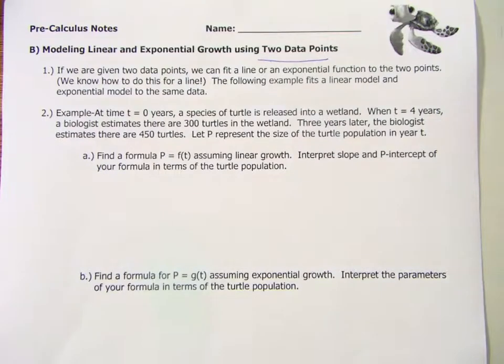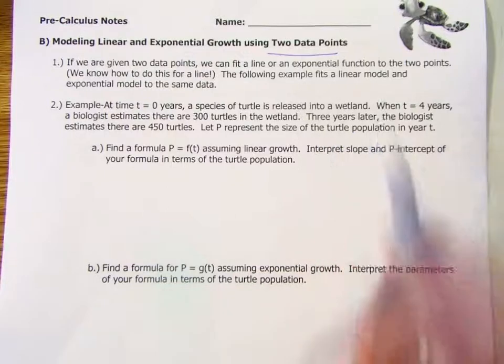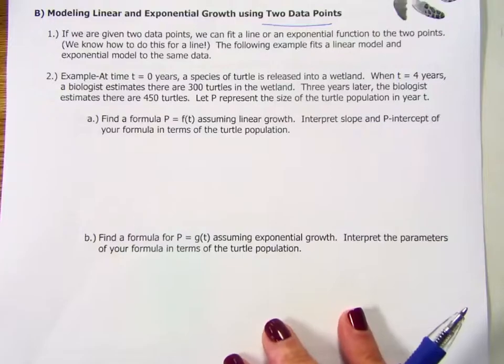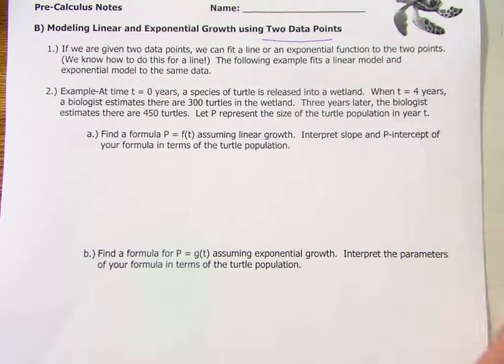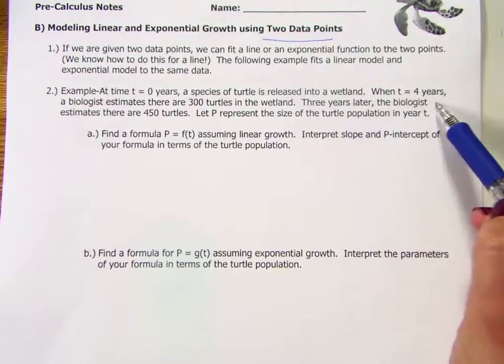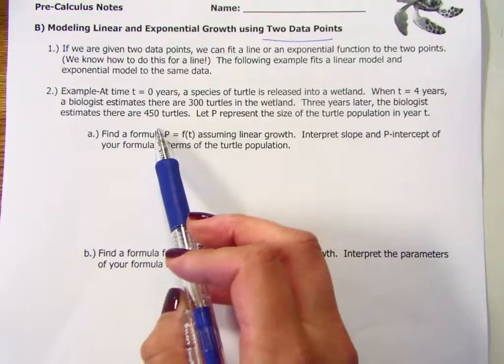All right, at time t equals 0 years, so at the very beginning of time when we're in this situation, a species of turtles is released into a wetland. When t equals 4 years, a biologist estimates that there are 300 turtles in the wetland. 3 years later, the biologist estimates that there are 450 turtles.